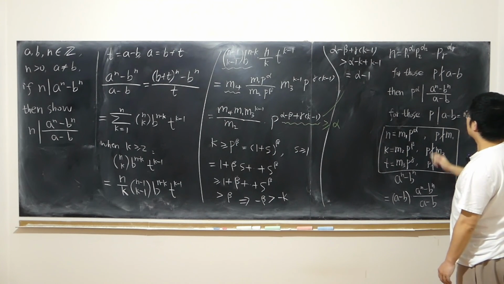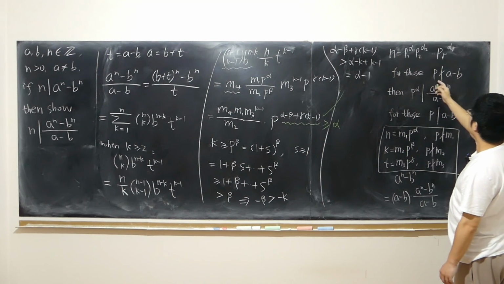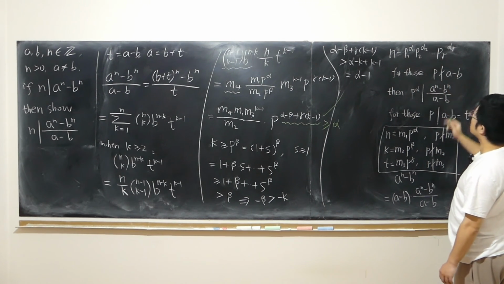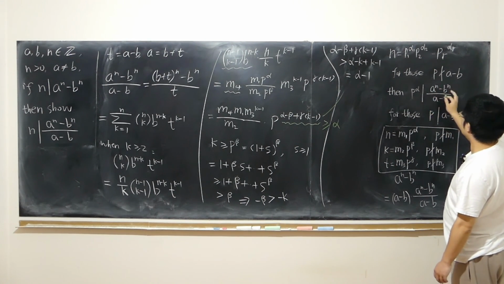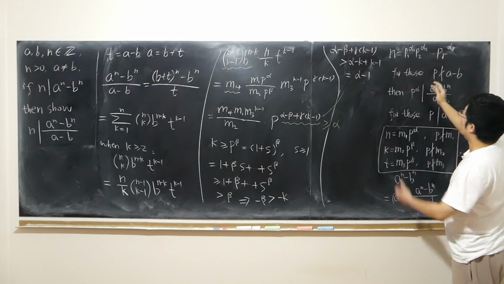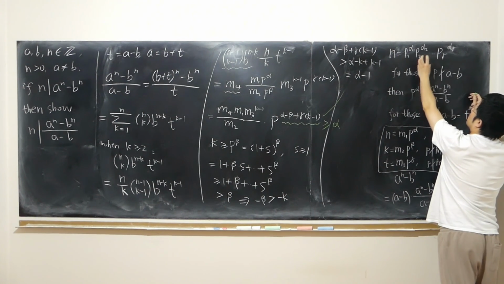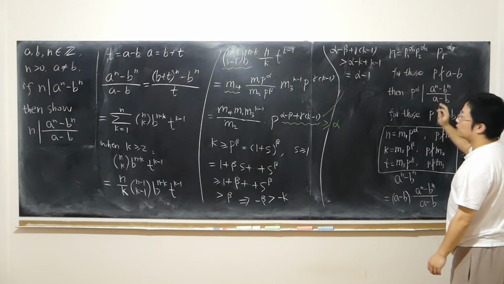Plus, previously we've shown that for those nice p's, those who don't divide a minus b, they must divide p to the alpha. They must divide this. So whether it's the nice p's or not so nice p's, every power of p must divide this. And we're done.